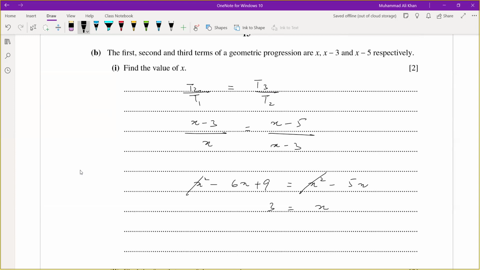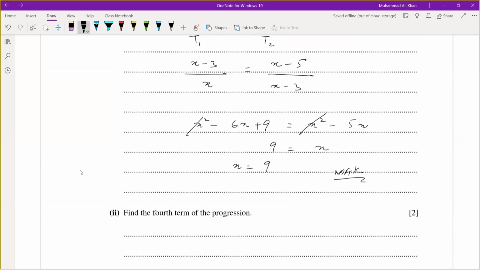The value of x is, sorry, not 3. The value of x is 9. The value of x is 9, right? So this is the answer of the first part.